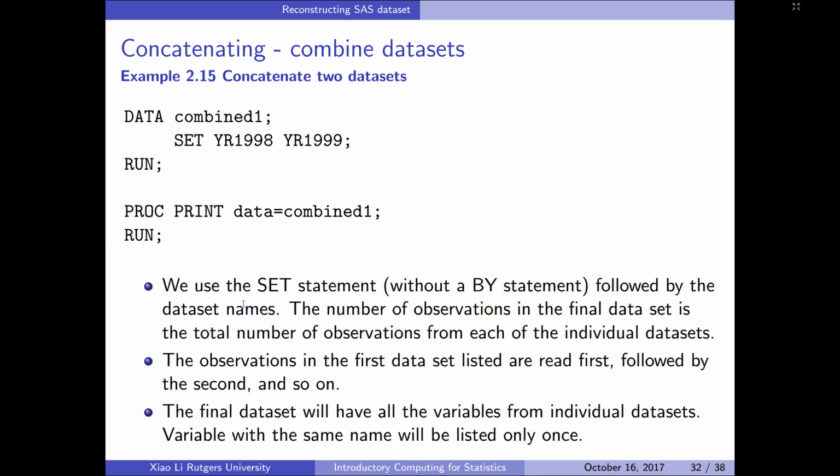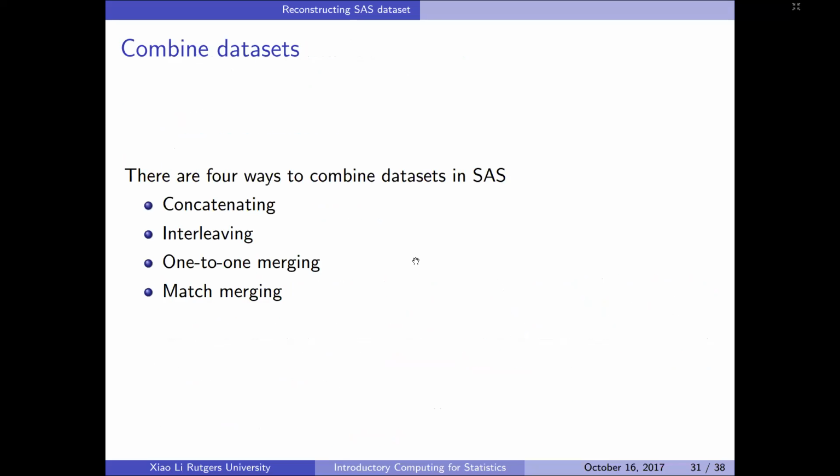The first way of combining two data sets is to use the set statement. We begin with a data step with our new data set named combined one, and we set the two data sets as I mentioned before.